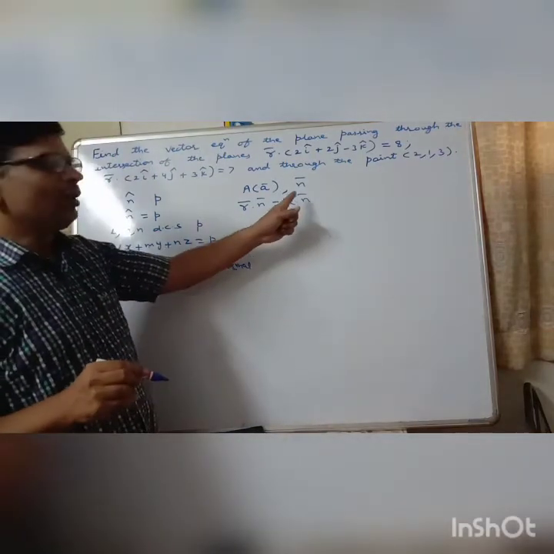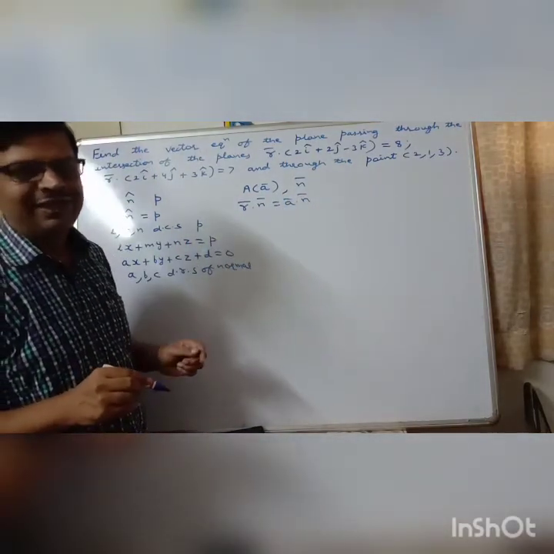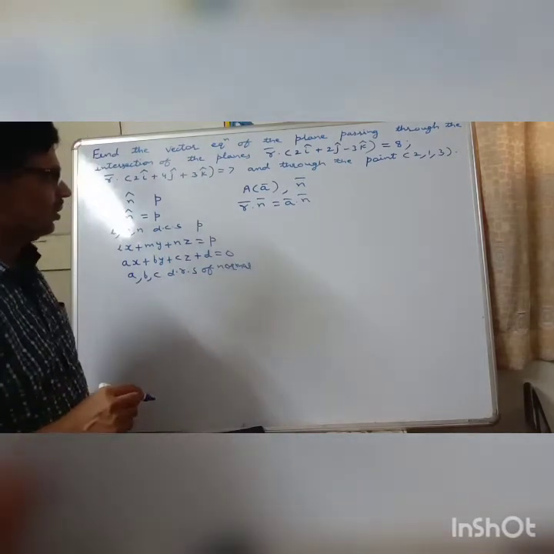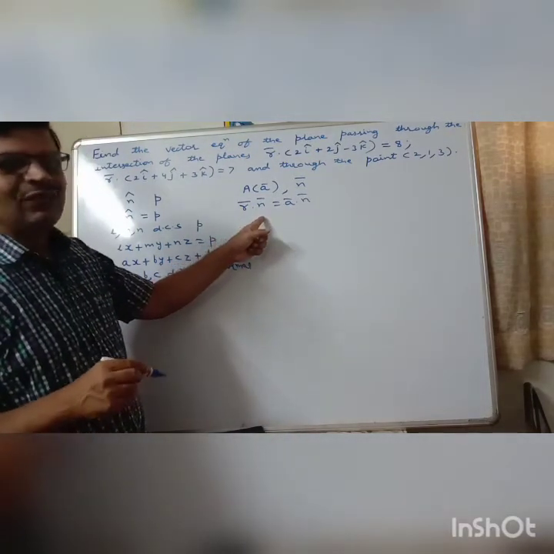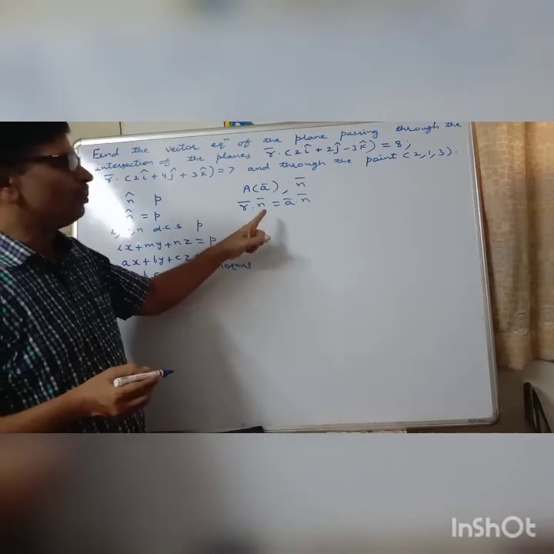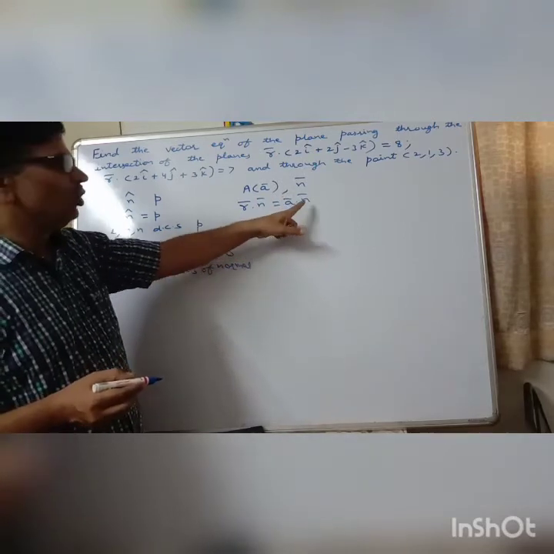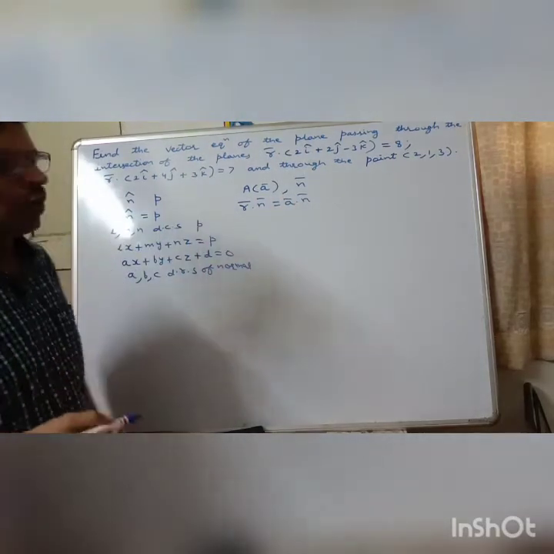Here dot product of vector quantities is there. So we can say this is vector form of equation of plane in dot product or scalar product form.